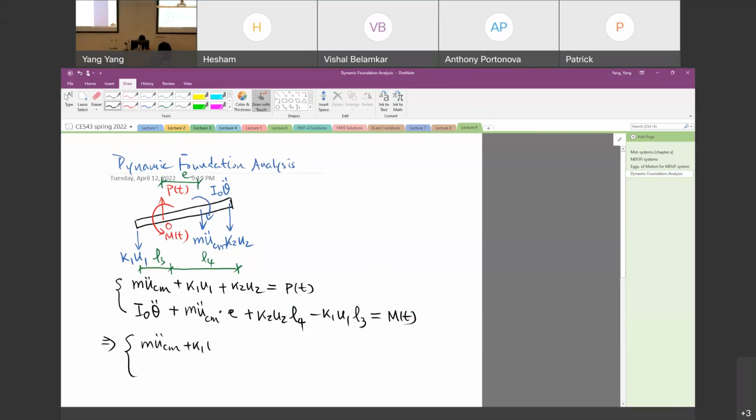Because U1 is equal to UA minus L3 times theta, and U2 equal to UA plus L4 times theta.